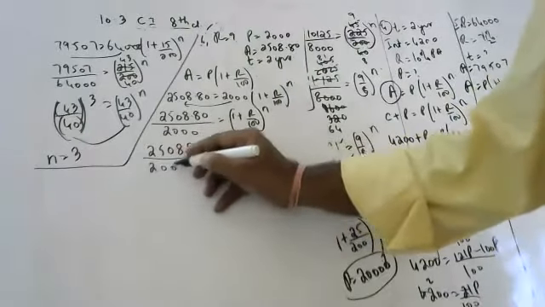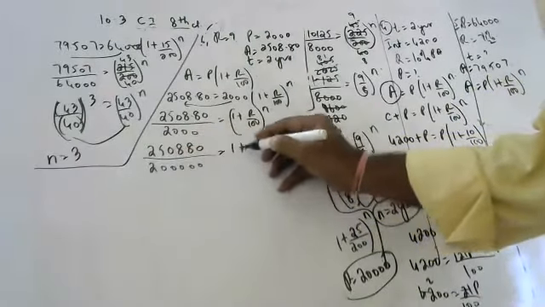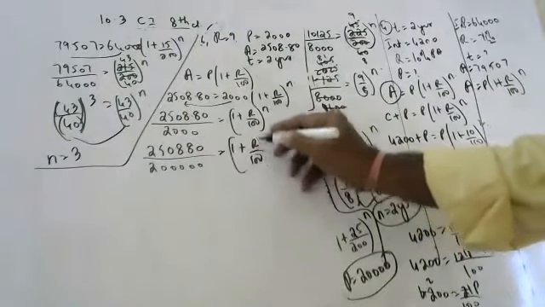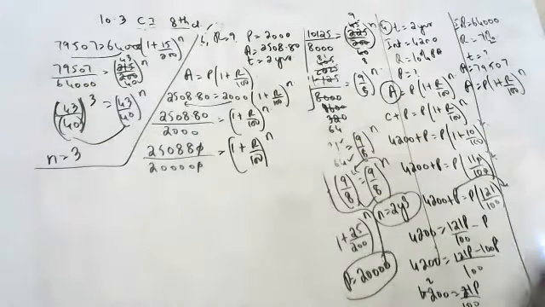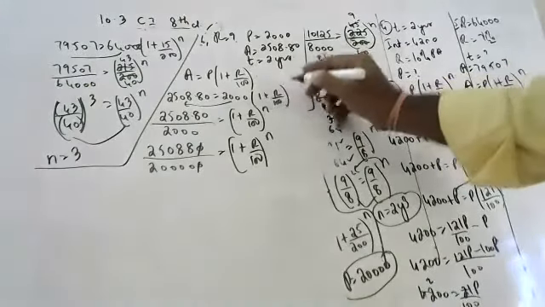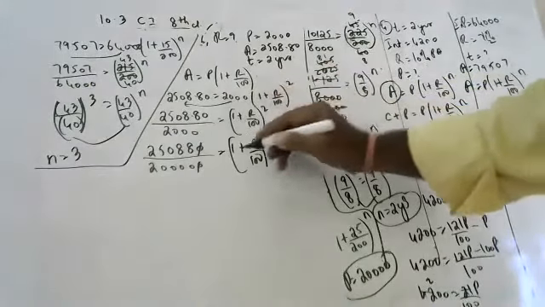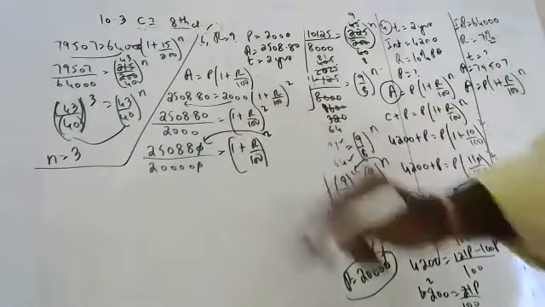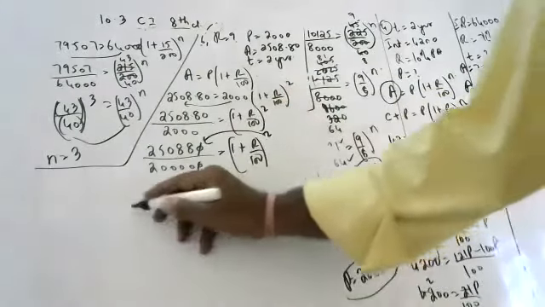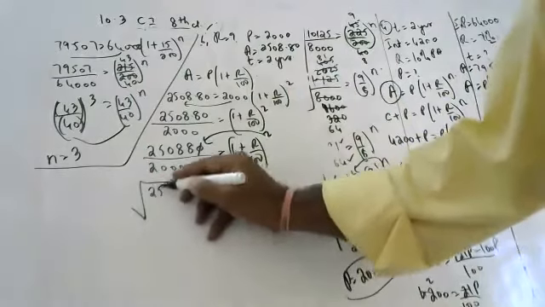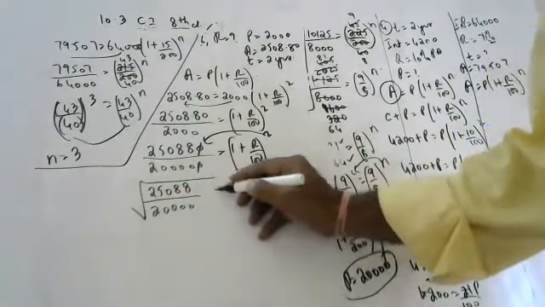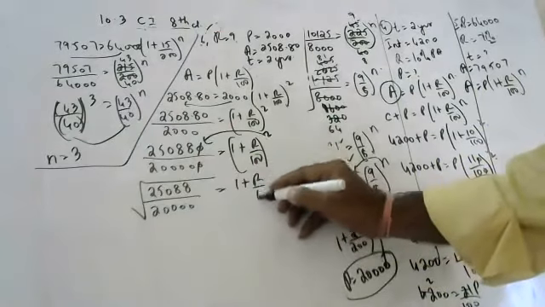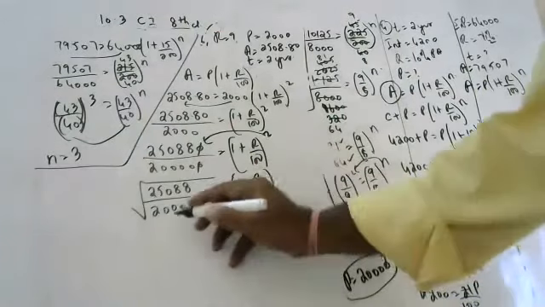After how many years? 2 years, no? This I can put as 2. If I bring the 2 here as a root, root of 2508 by 2000 is equal to 1 plus R by 100.